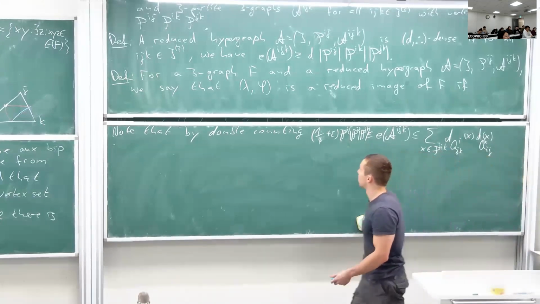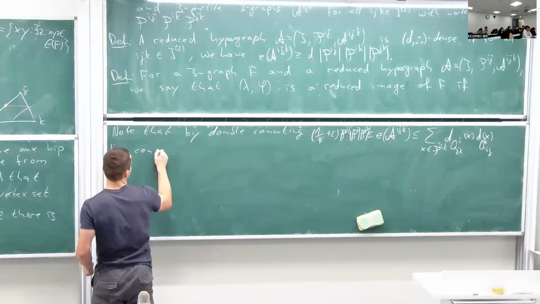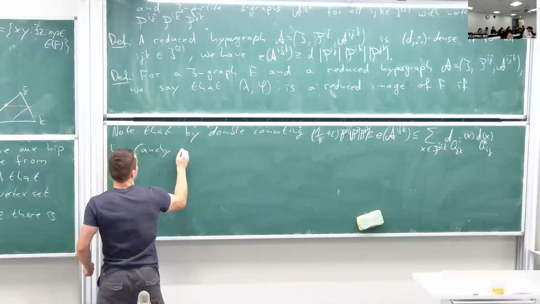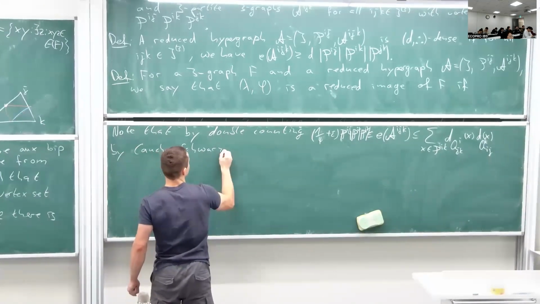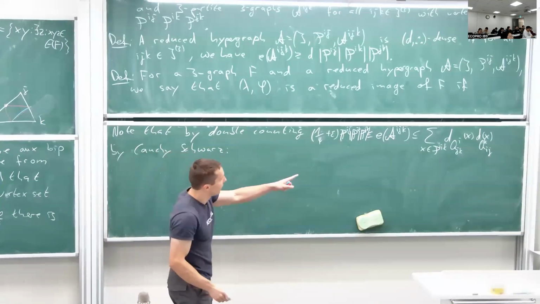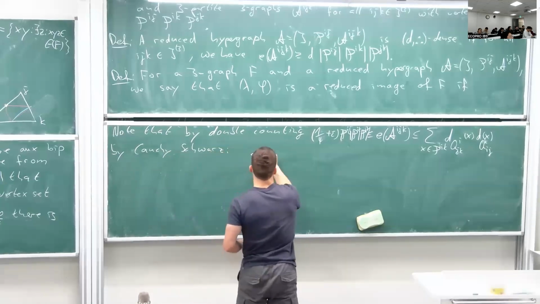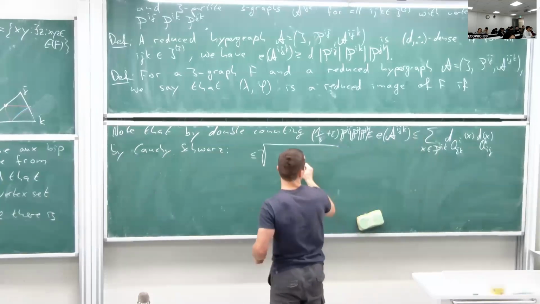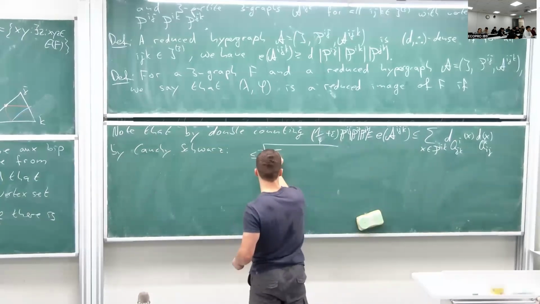Okay, so by convexity, by Cauchy-Schwarz, we get that the right-hand side is bounded from above by the square root of the product of the sums over the squares.